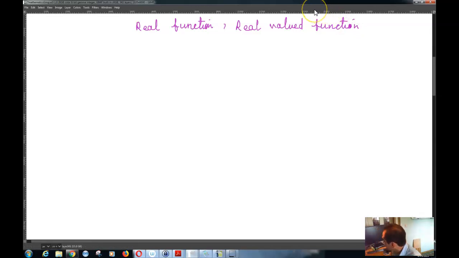So a real valued function is basically a function which has either R or one of its subsets as its range.